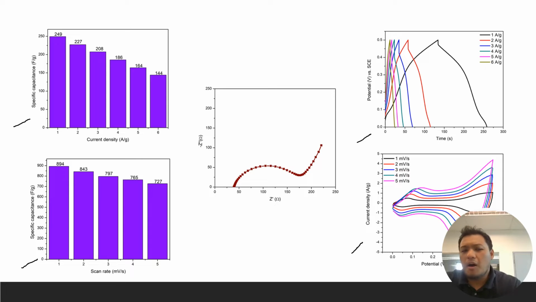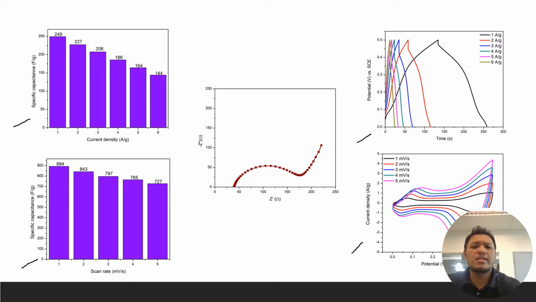Can you see from the CV here? This already has an optimized potential window. When I prolong it to 0.6, 0.7, 0.8, you can only observe a very straight line, indicating oxygen evolution, so it's not good. That's why I set the potential from 0 to 0.5. From here, I can see no obvious redox peak, and from the GCD, I can't even see a plateau.